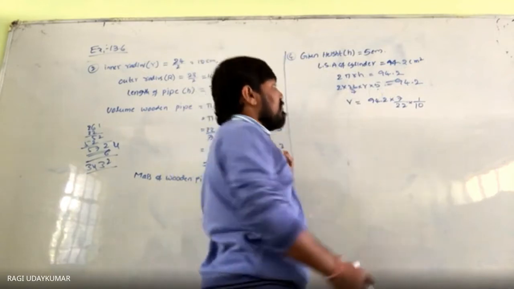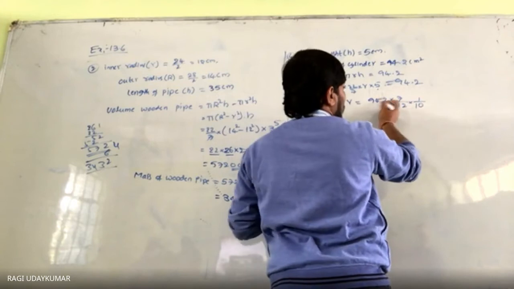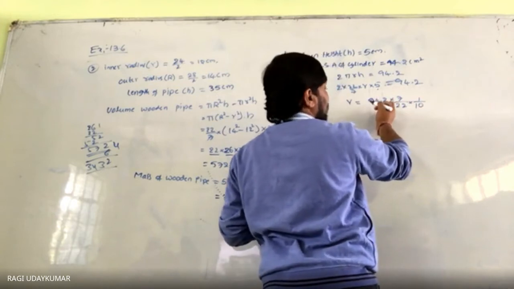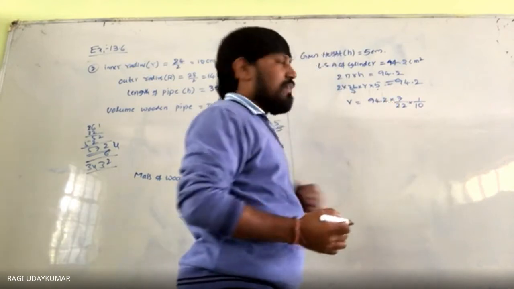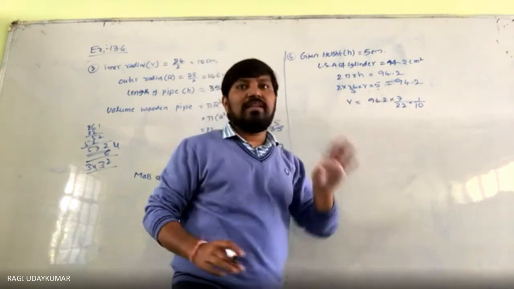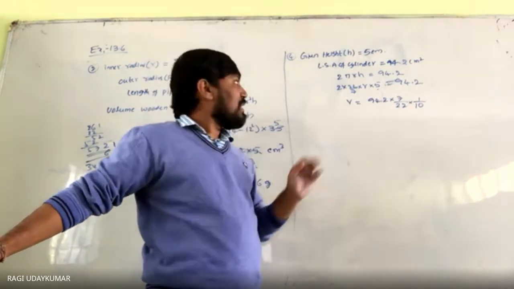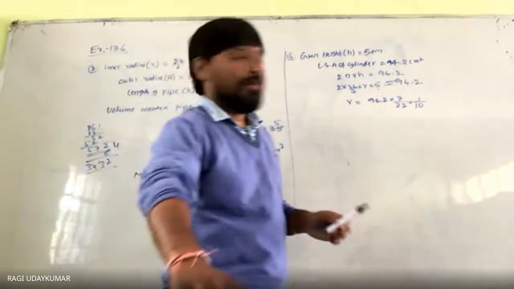So you can simplify it. It will be with 11, 88. It is not 22 by 7, pi is given to you as 3.14. Sorry.